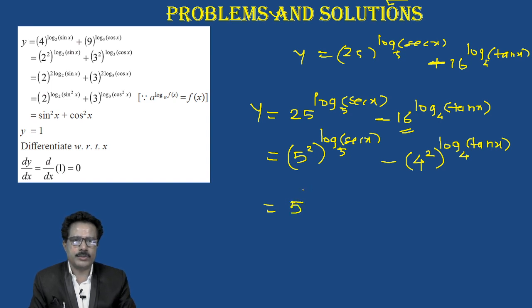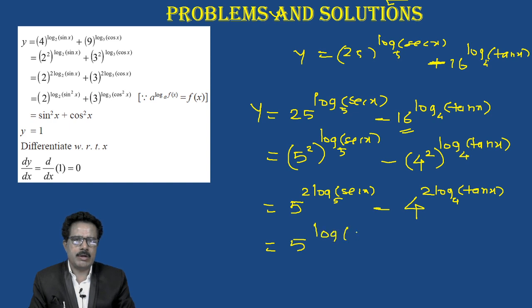Therefore, 5 raised to 2 into log of sec x to the base 5 minus 4 raised to 2 into log of tan x to the base 4 is equal to 5 raised to log of sec square x to the base 5 minus 4 raised to log of tan square x to the base 4.